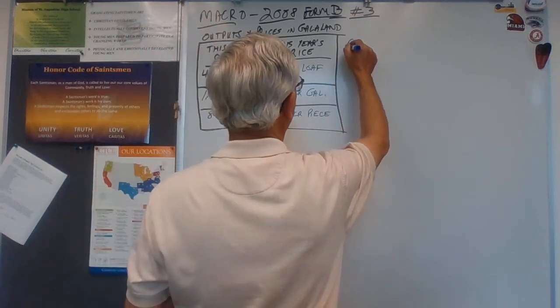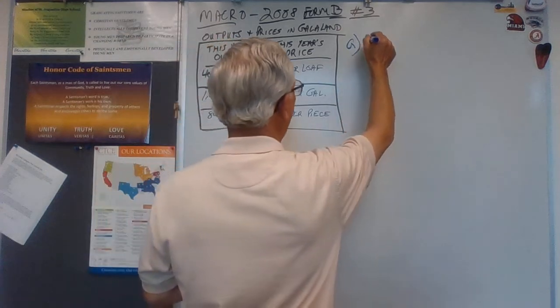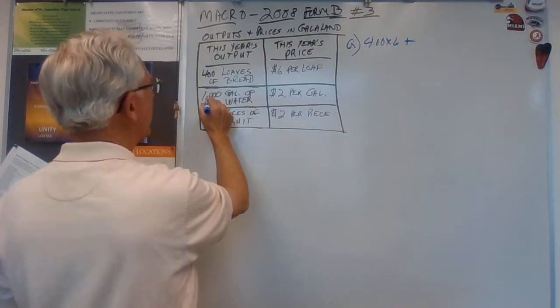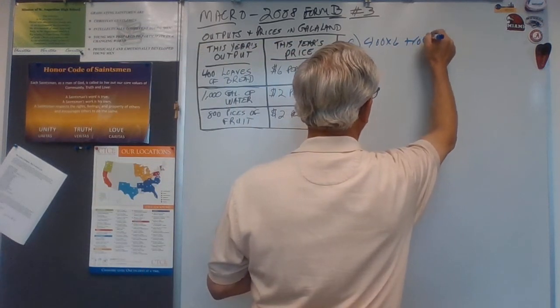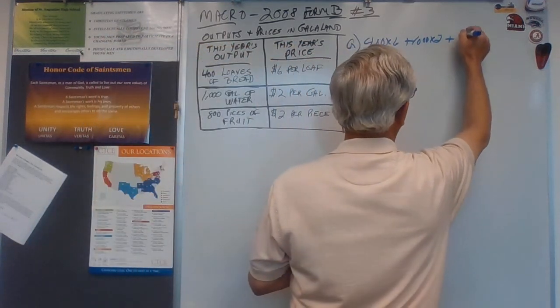So part A, this year's nominal GDP, 400 times 6 plus 1,000 times 2 plus 800 times 2.